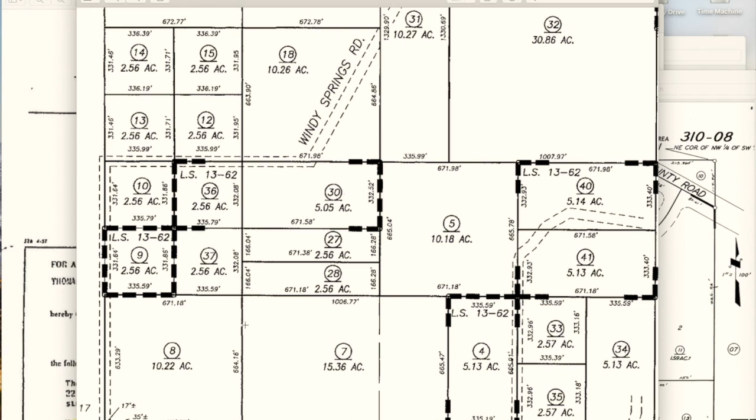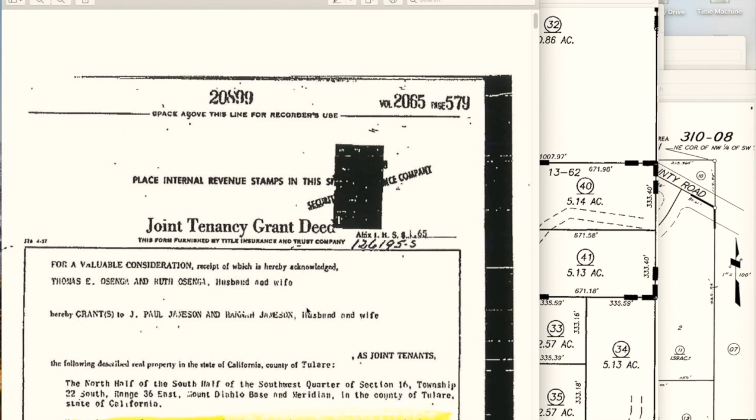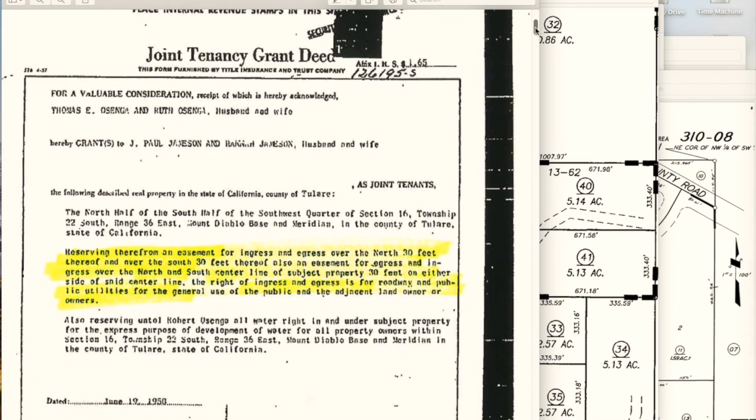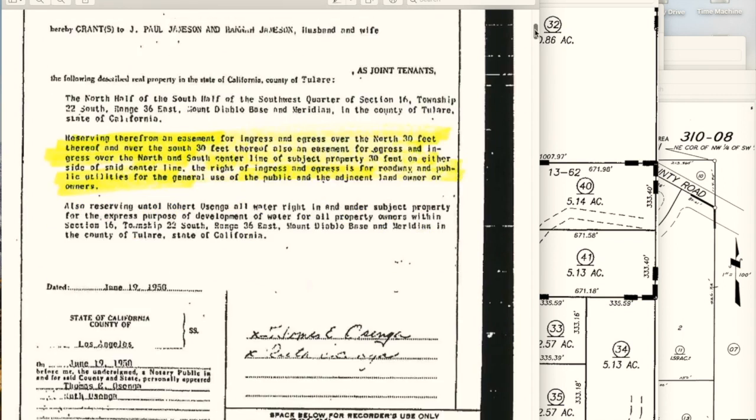And so, as a consequence, it was on the more current deeds. You're reserving, therefore, an easement for egress and ingress over the north. Well, no, actually, this is not the one I should be pointing to. There was, on a current deed of theirs, this one here is the original one that I had to go back to.